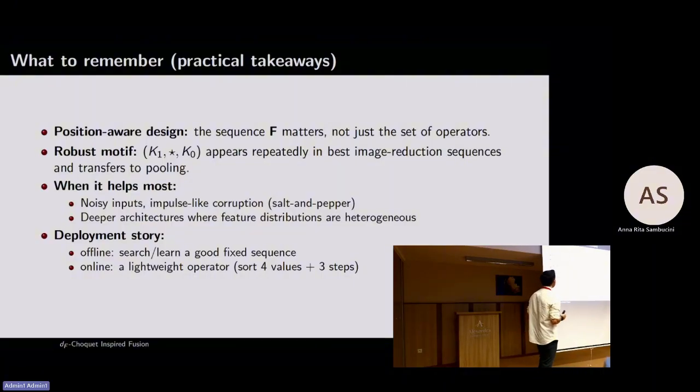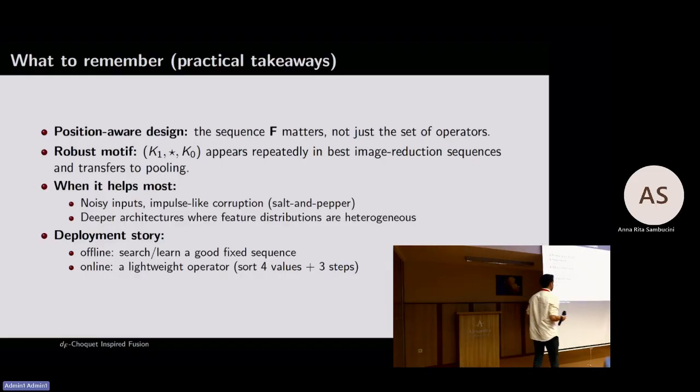We also find that we have a robust motif: if we create a combination from constant 1, constant 0, and in the middle another function, it's a good option for image reduction and pooling for CNN. And this robust motif usually works best on noisy, impulsive inputs like salt and pepper, and in deeper architectures where the distributions are heterogeneous.